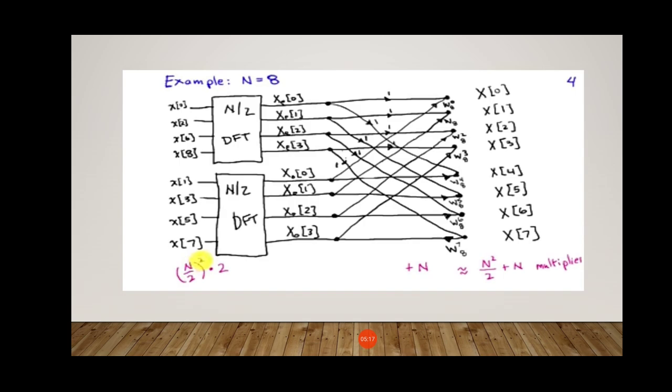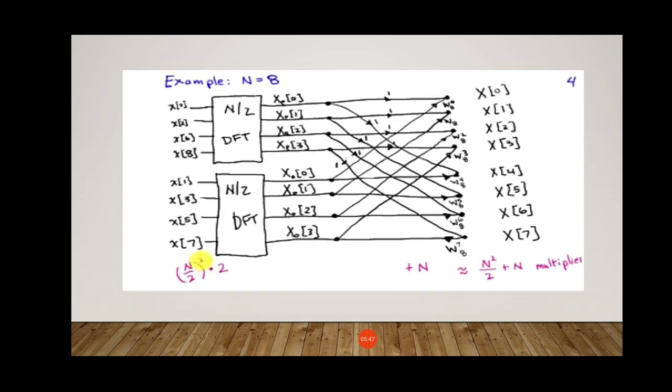So what we do is only addition and subtraction. Within these terms also we have to take care of the even and odd parts. For example, when we break this N by 2-point DFT into 2 times N by 4-point DFT, x of 0 and x of 4 become the even part, and x of 2 and x of 6 become the odd part.